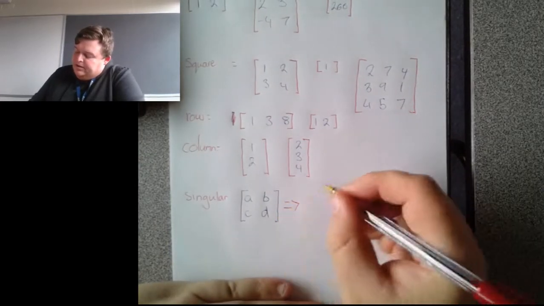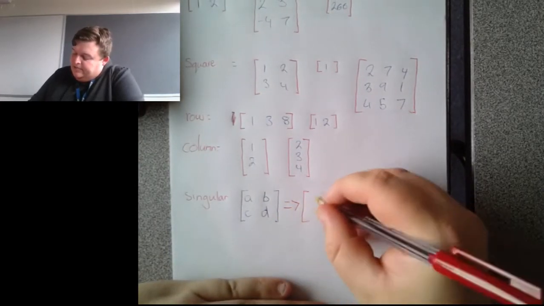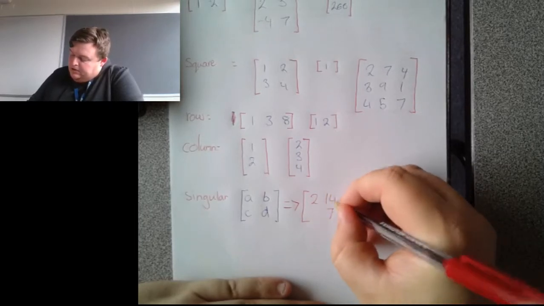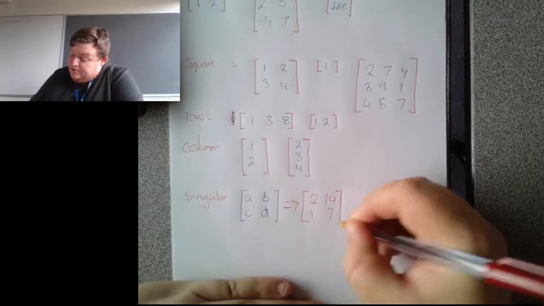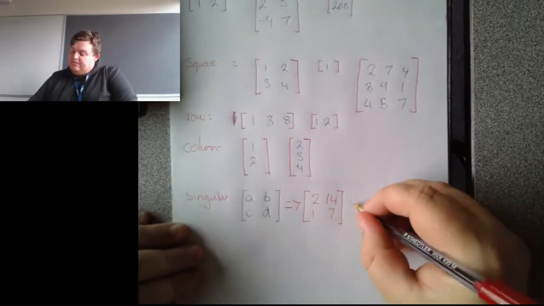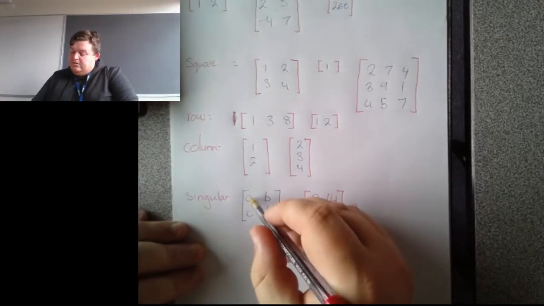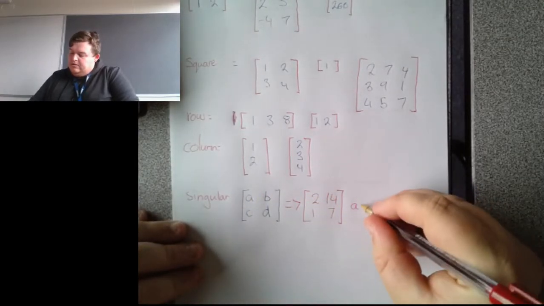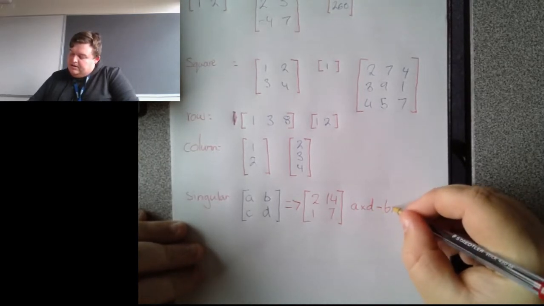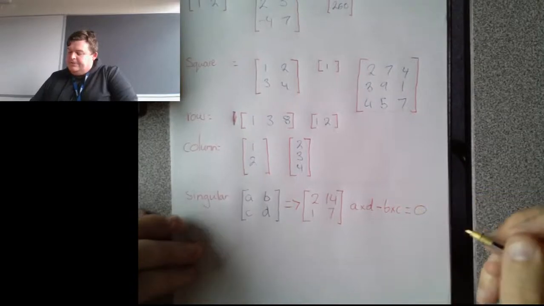If you have a matrix that's, let's say, 2, 7, 14, and 1, a matrix is considered a singular matrix if A, so the top value, times D minus B times C is equal to 0.